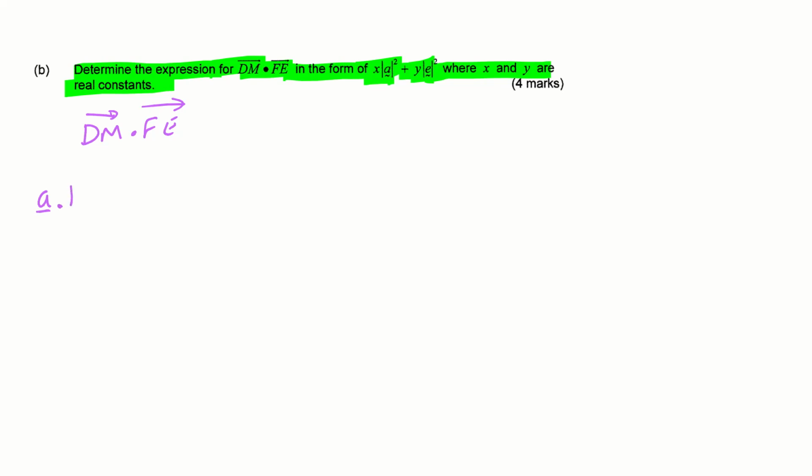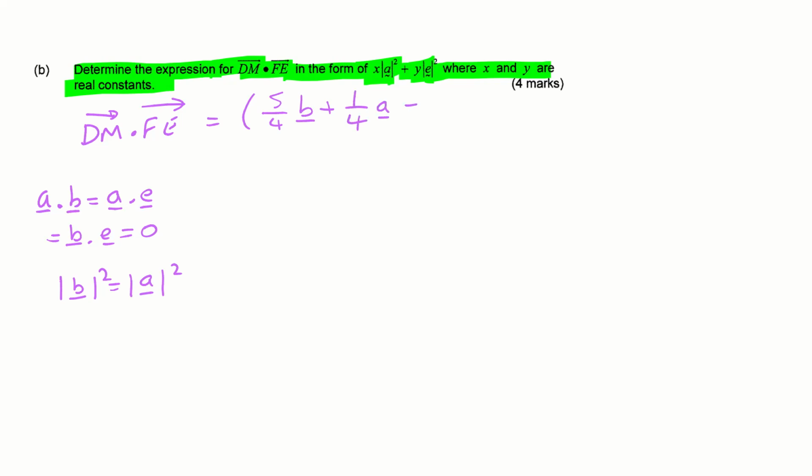So we know that A dot B is equal to A dot E is equal to B dot E is equal to 0. Because it's a square, we also know that mod B squared is equal to mod A squared. They're the same length. So what we have is 5 over 4 B plus a quarter A plus a half E dot negative a half A take a half B plus E.